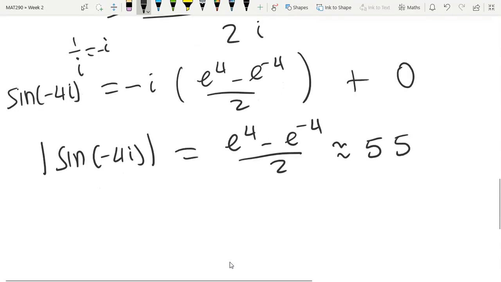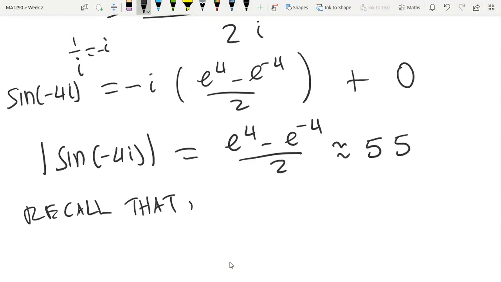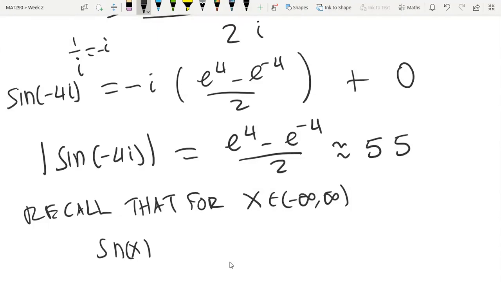Because, you see, recall that for x in minus infinity to infinity, so real x, sine of x is between 1 and minus 1.